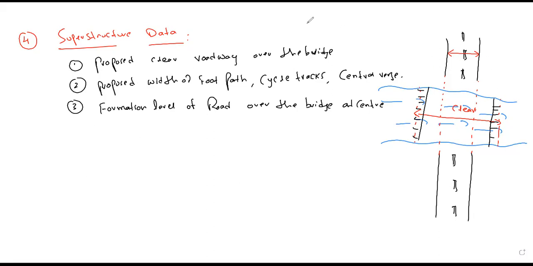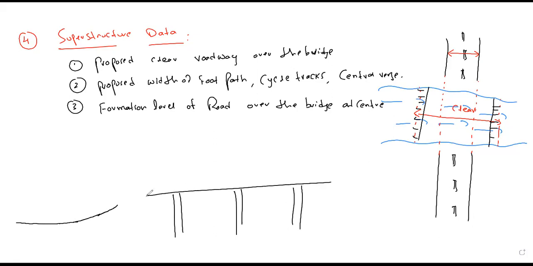So let me draw the same bridge in terms of elevation. Your road will start from here. Definitely if you want to construct any bridge, usually bridges will have some particular elevated height. So take this as the bridge.